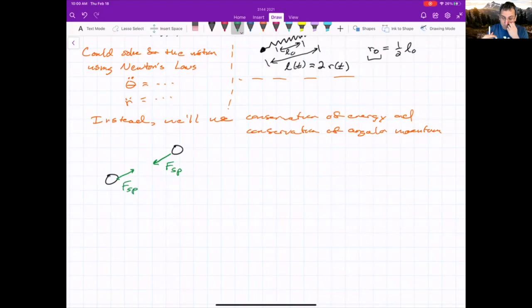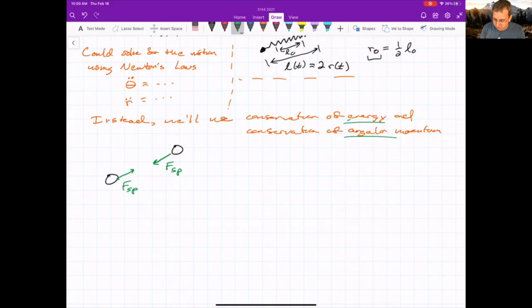So we have a central force, meaning the force is directed inward towards the center of mass, or the origin. Even if we didn't know that, it's possible that we could at least see. But in this case, it does work out that both angular momentum and energy are conserved.